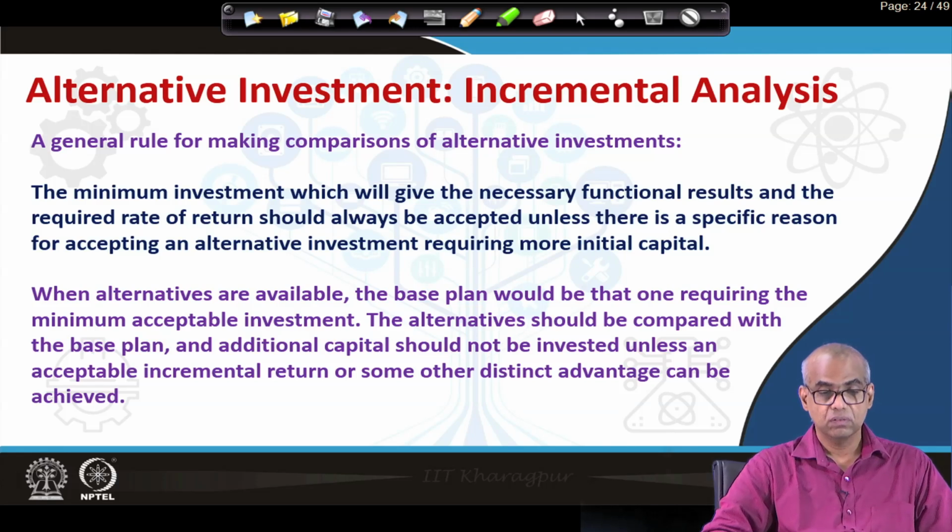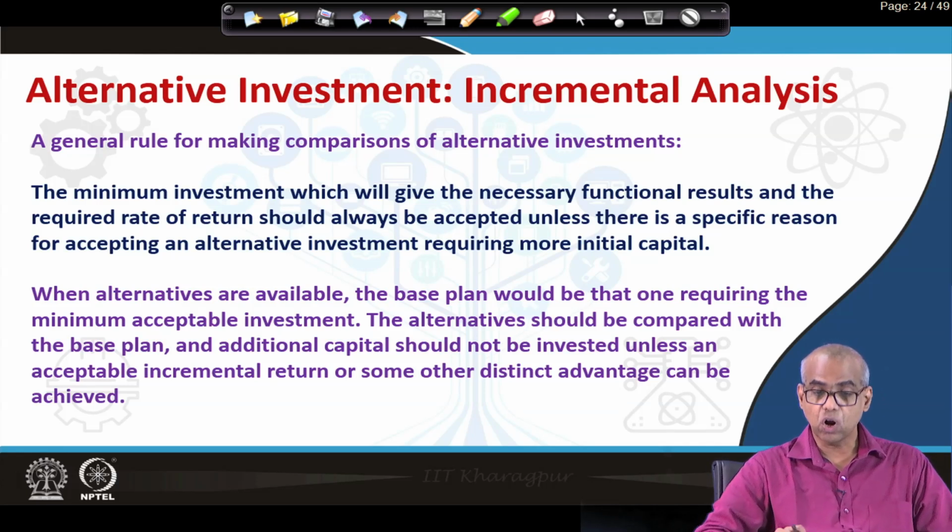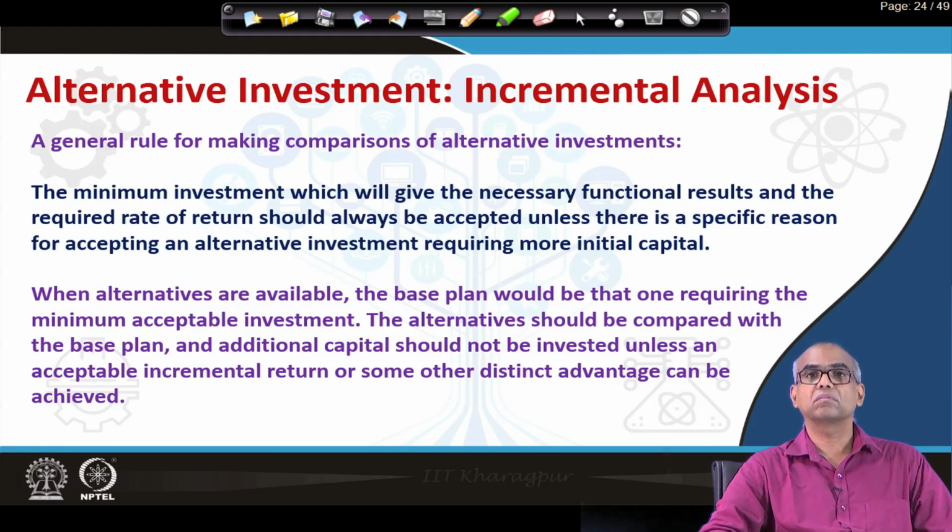So, first you will have a base plan when you have several alternatives. Now, these alternatives should be compared with this base plan. The base plan is the one which requires the minimum acceptable investment. The other alternatives must be compared with the base plan, and additional capital should not be invested unless an acceptable incremental return or some other distinct advantage can be achieved.